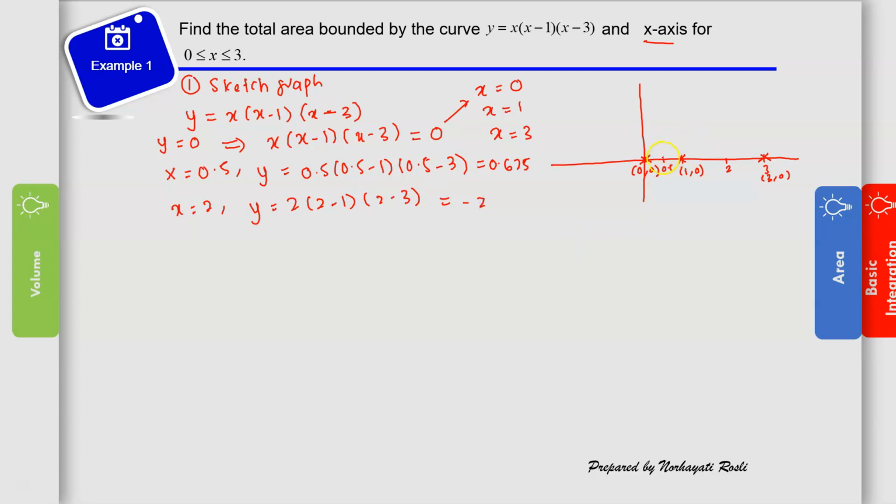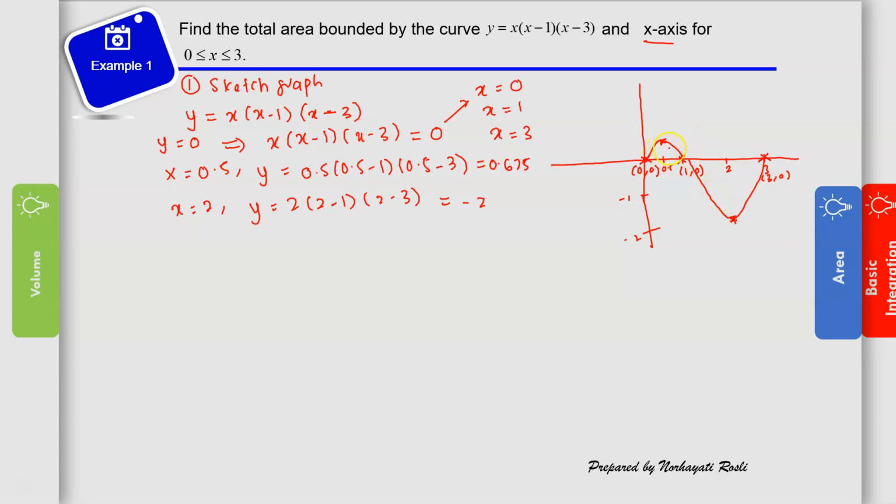It means that when x is 0.5, y will be somewhere here, which is 0.625. And when x is 2, we have y which is negative 2, somewhere here. So we can connect all these points to get the curve of this function.